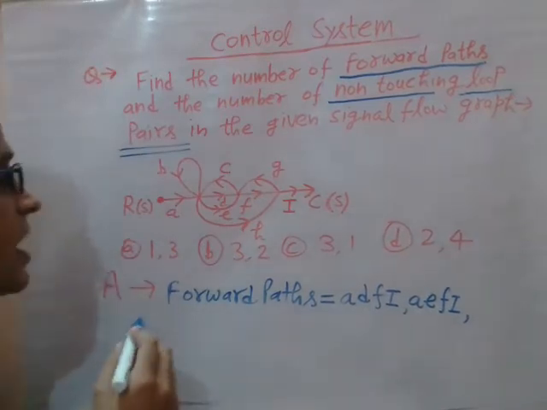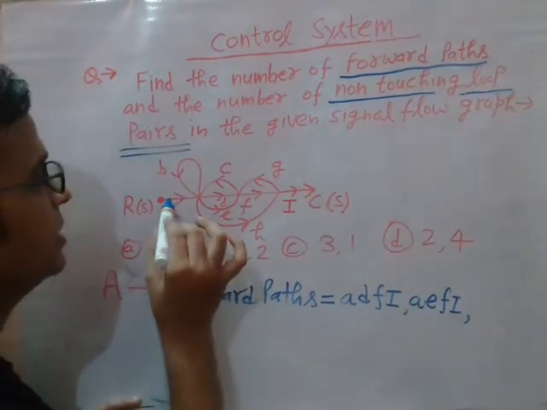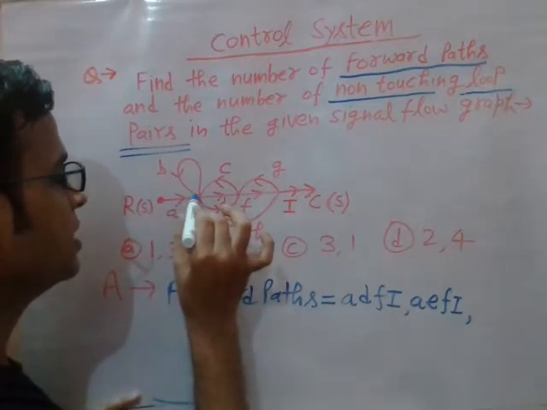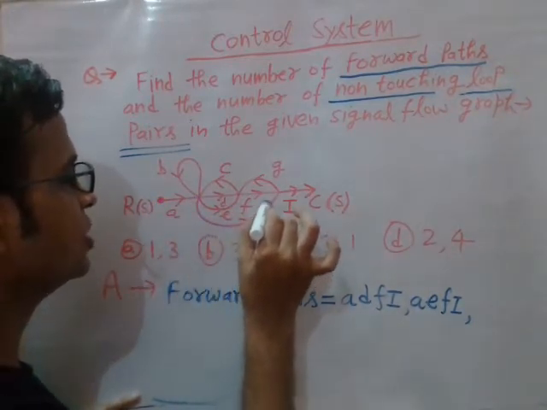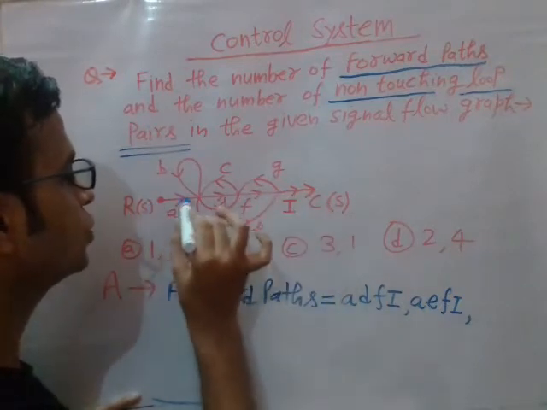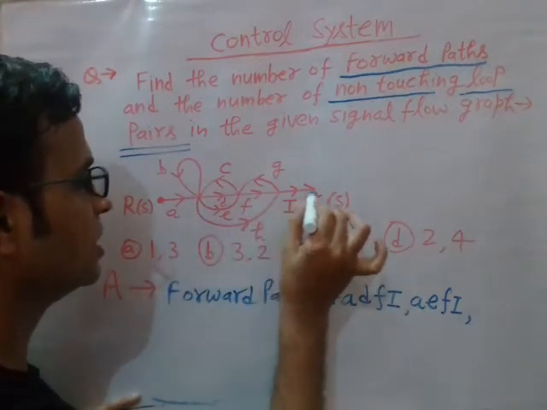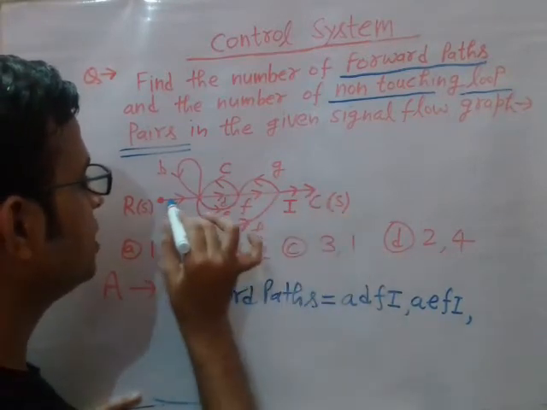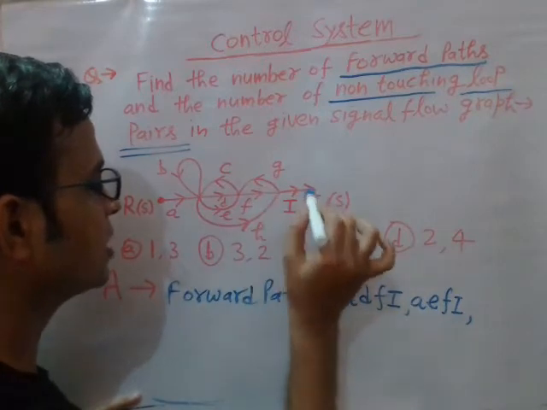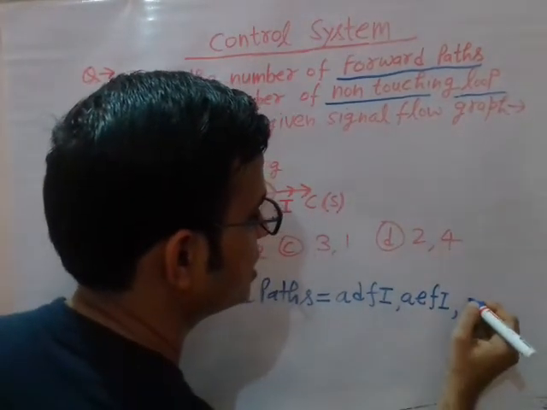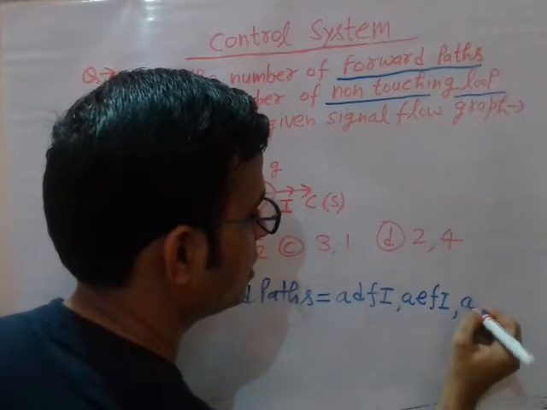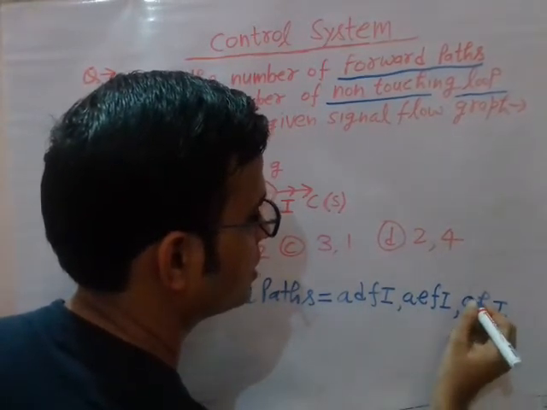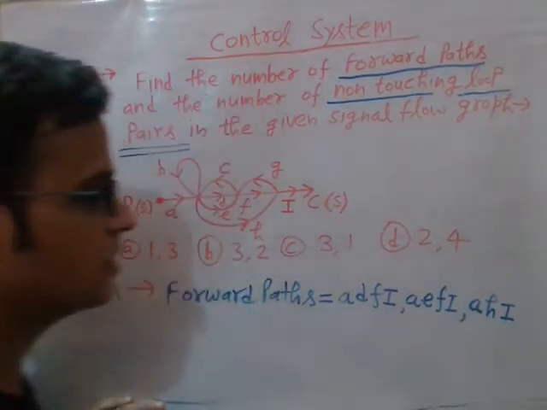Do you see any other forward path? Answer is yes. Have a close look at it. Start from here with A and then H, and travel in the direction of the arrow. So A, H and I. This is another forward path.